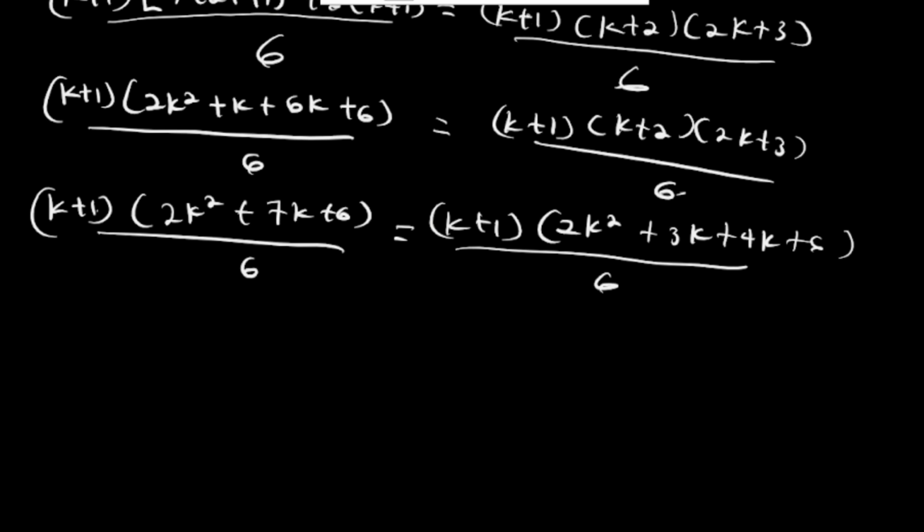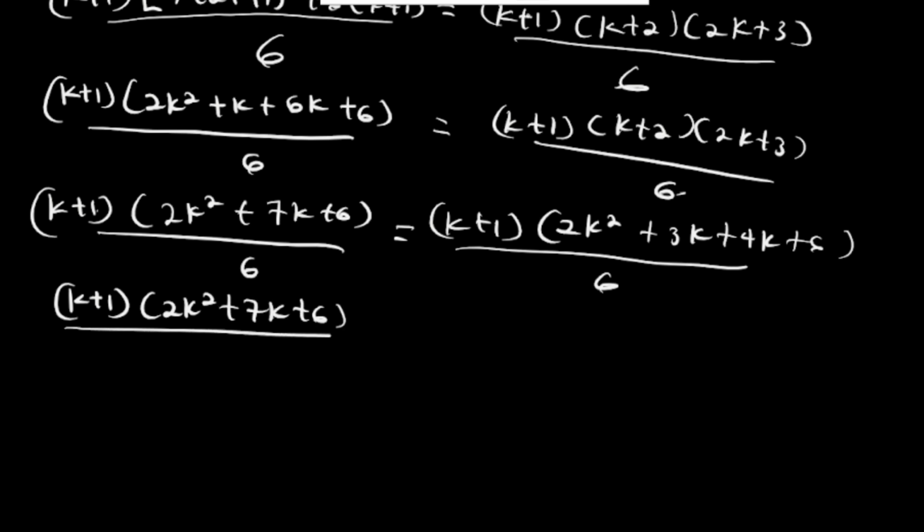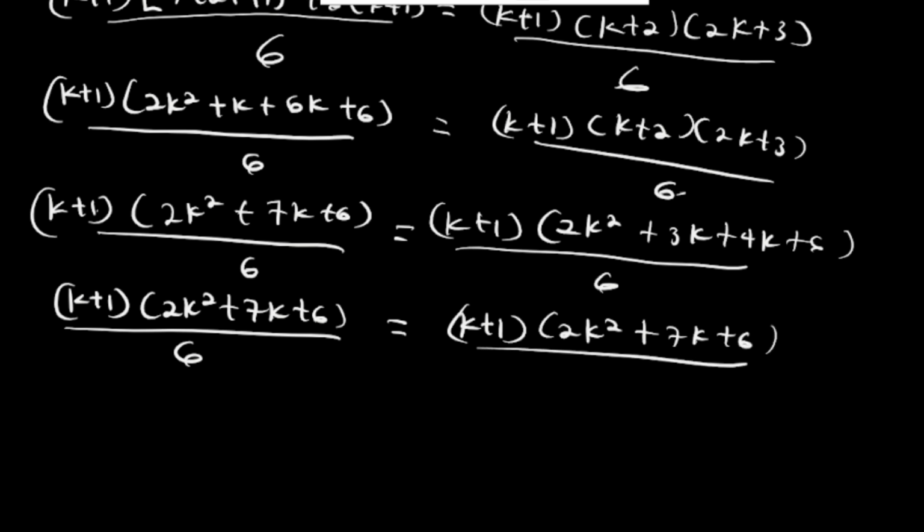So we get k plus 1 in one bracket, multiplying 2k squared plus 7k plus 6, all on 6 should be equal to k plus 1, 2k squared, then this is going to 3k plus 4k is also 7k plus 6, all out of 6.